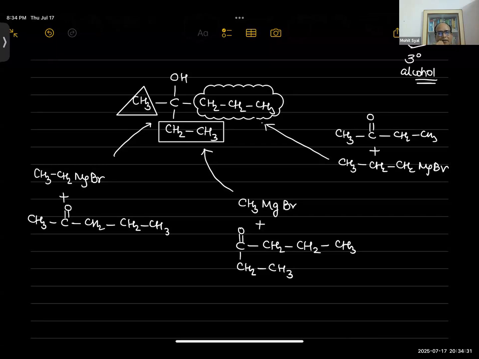Is it clear to everyone? Don't make a mistake in this, because this is a very important part for all the three upcoming chapters, not only for alcohols and ethers. So we made this tertiary alcohol by taking different sets of Grignard and ketones.